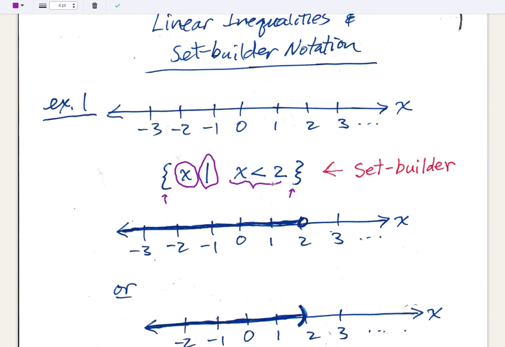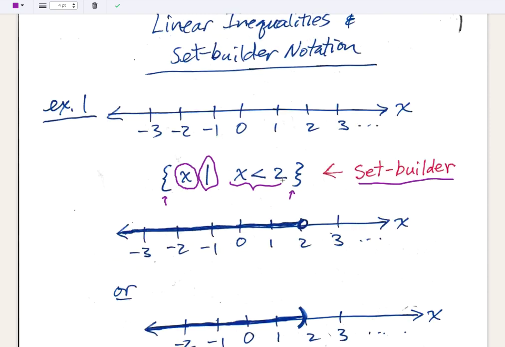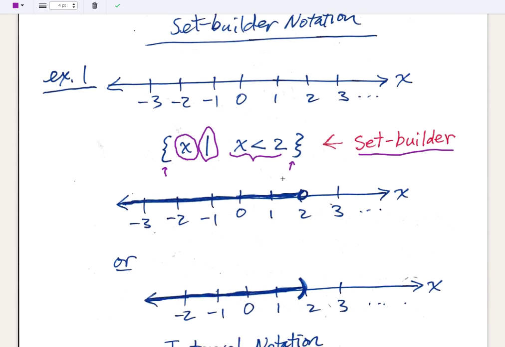And we're, of course, going to be concerned with sets of real numbers here. Okay, so this is in set builder notation. This would be the set of all x such that x is less than 2. Now, if you imagine actually graphing that on the real number line, that would include everything to the left of 2.